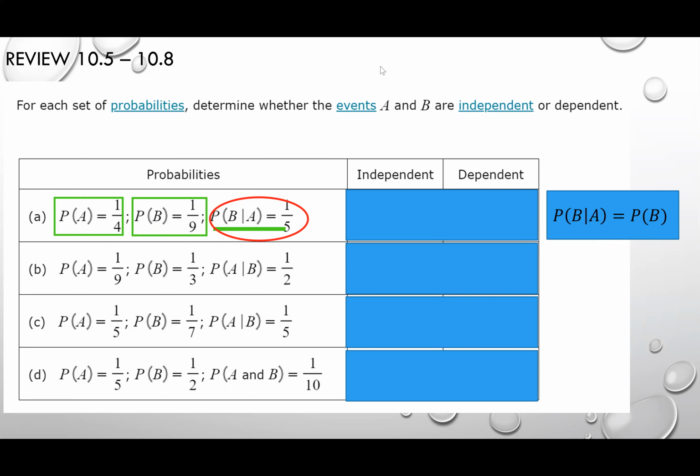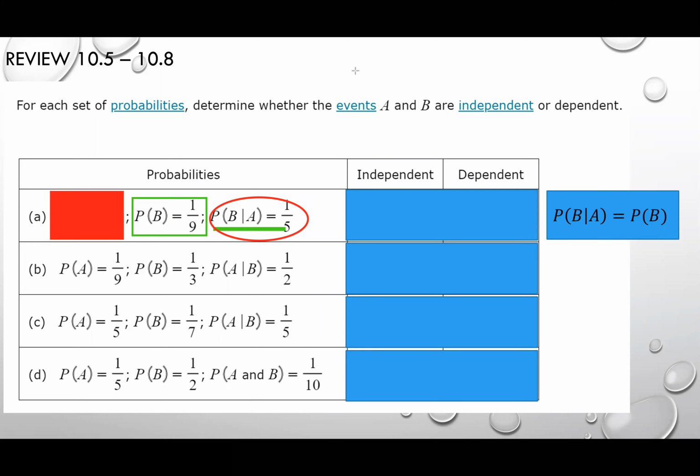They give you an extra thing that you don't need, because what we need to verify is B given A. If this item is equal to this item, then they are independent. If they are not equal, then they are dependent.